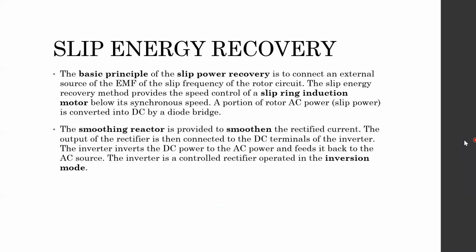Next, we are going to see slip energy recovery. The basic principle of slip energy recovery is to connect an external source of EMF of slip frequency to the rotor circuit. The slip energy recovery method provides speed control of a slip ring induction motor below its synchronous speed. A portion of rotor AC power is converted into DC by a diode bridge.